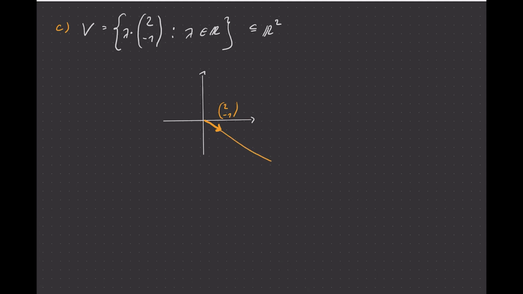Or shorter, we might end up somewhere here if we do a lambda between 0 and 1. And of course we can also use negative lambdas, and that just would flip the direction. So this line also extends here, right? So this is that set V here. That's a line through the point 0 in direction (2, -1).